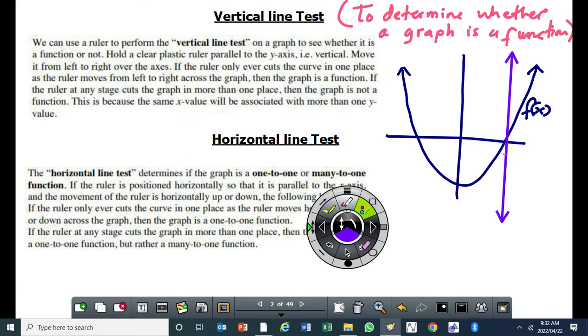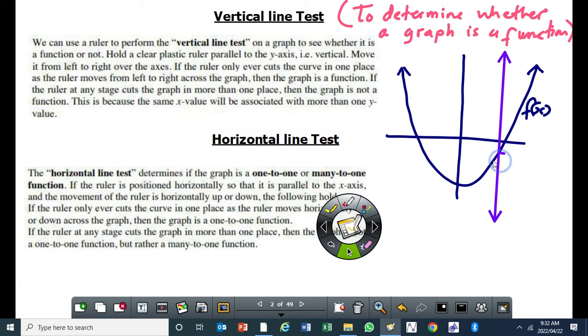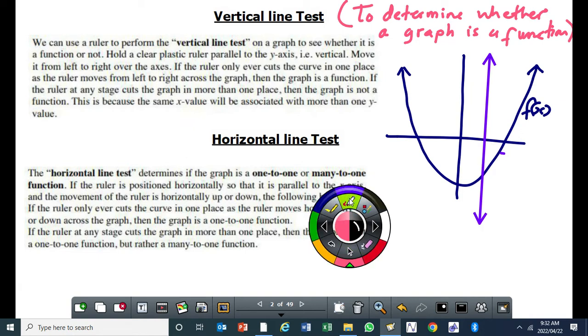So if I move this line in a horizontal direction, like this, at this point where that line intersects with the graph, there is only one x value corresponding to one y value, right?